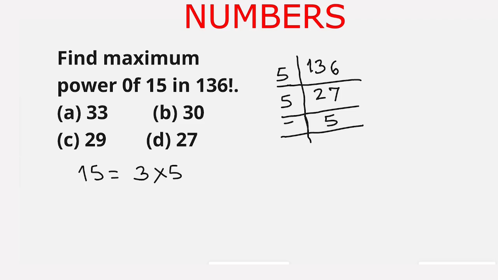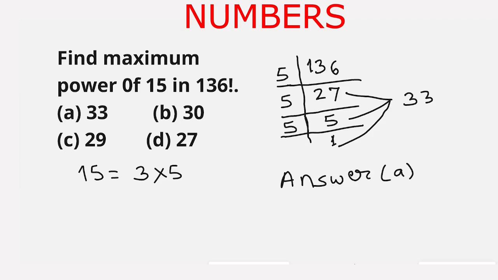We again divide 5. 5 times 1 is 5. Now all these numbers 27, 5 and 1, their sum is 33, and that will be the power of 15 in 136 factorial. And from the given options, our answer is option A 33.